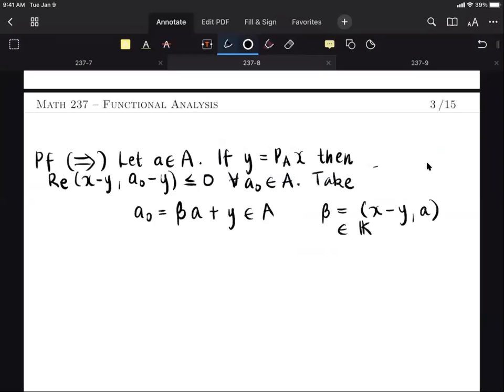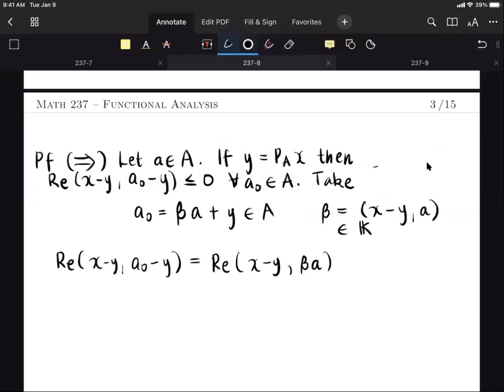Then, if we compute this term, with this specific value of a naught, subtracting y, you end up with beta a.